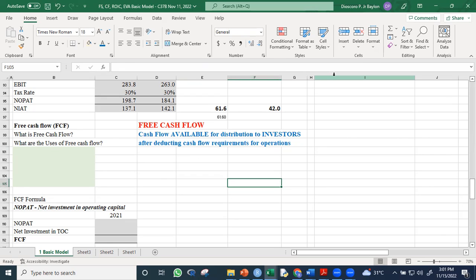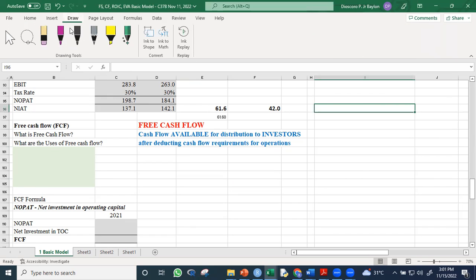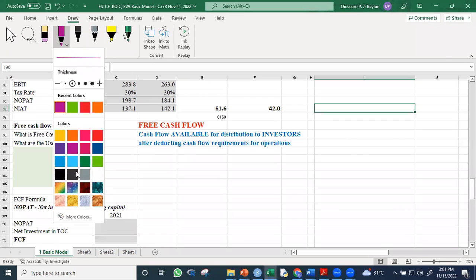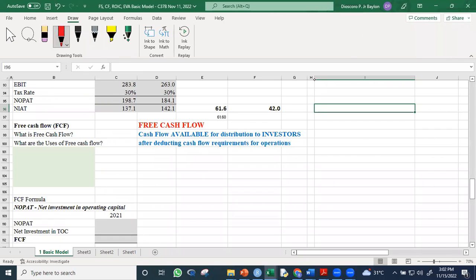Okay, so let's take a look at this in greater detail. First, what do you mean by investors? Who are investors, class? I'm sure you know the answer to this one.